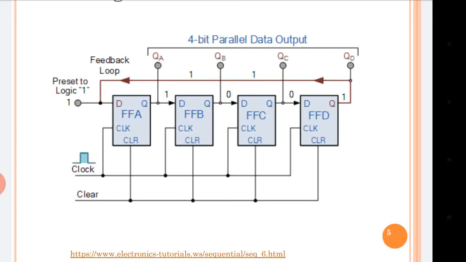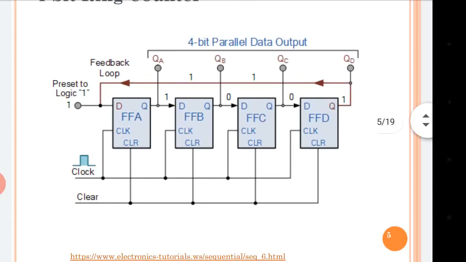So in this case, initially they have activated clear of all the flip-flops. That means outputs QA, QB, QC and QD will be 0, but the first input of the first flip-flop is set as 1, so that at least one output will be 1.